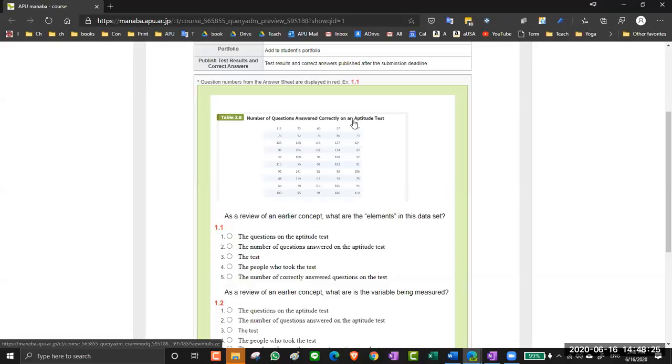Remember that the word elements means we are measuring attributes of some element. So what are the elements here? Is it the people who took the test?